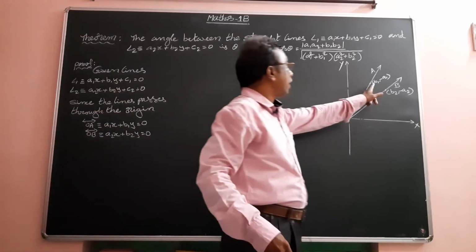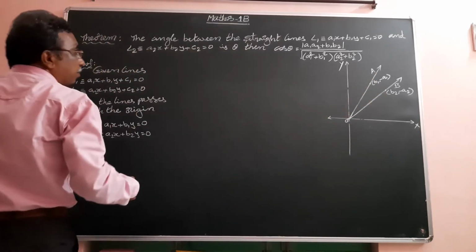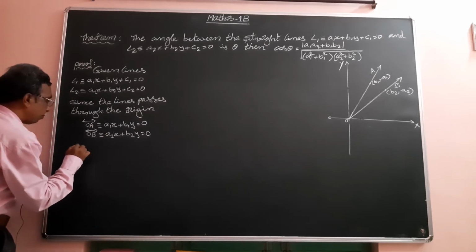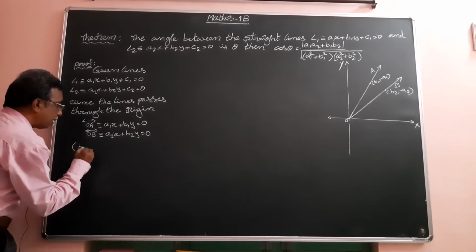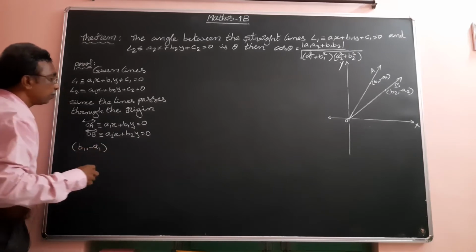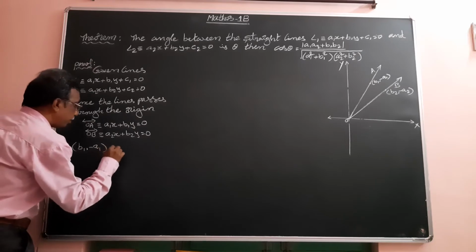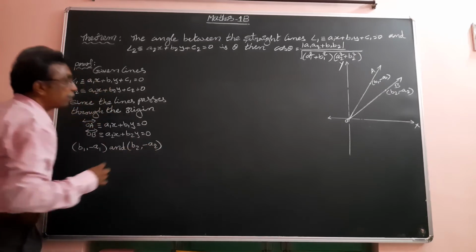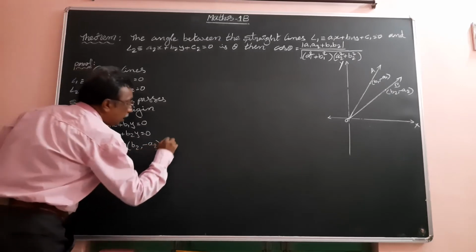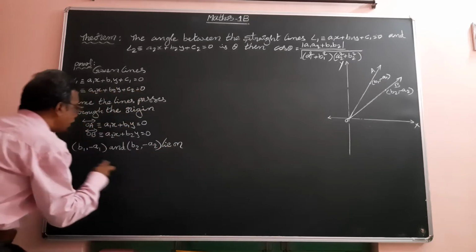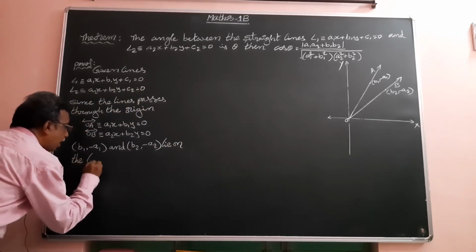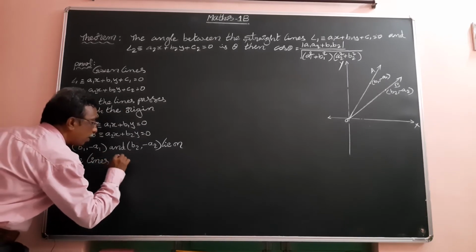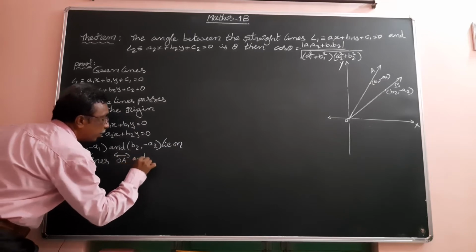Okay, next b1 minus a1 and b2 minus a2 lie on the lines OA and OB.